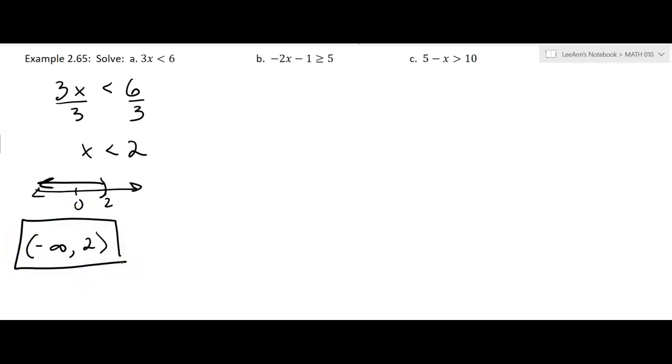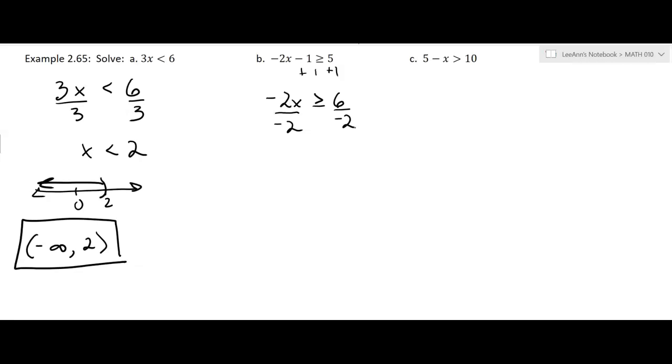Okay. Now b. Well, I want to solve for x, so I'm going to add 1 to both sides. Negative 2x is greater than or equal to 6. Now I'm going to divide by negative 2. Okay, now hopefully your ears perked up. This is the situation.